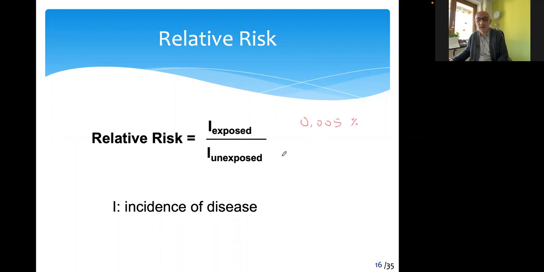We may check it, but I suppose it is approximately this amount. And if this is the proportion of those exposed, the proportion of the non-exposed is, of course, much lower. So let's say it is 0.001%. And if you divide these two numbers, it will be 5. So that means the relative risk of tobacco smoking in causing lung cancer is 5, you could say.